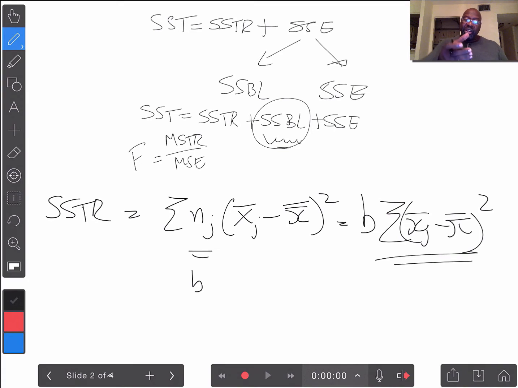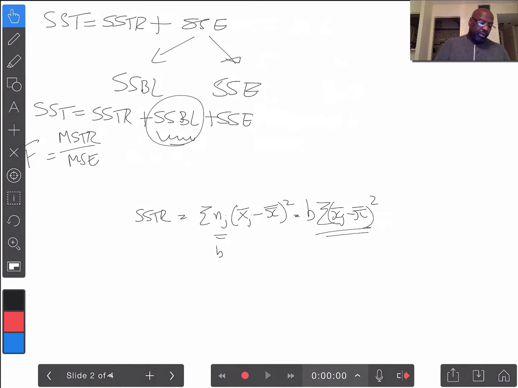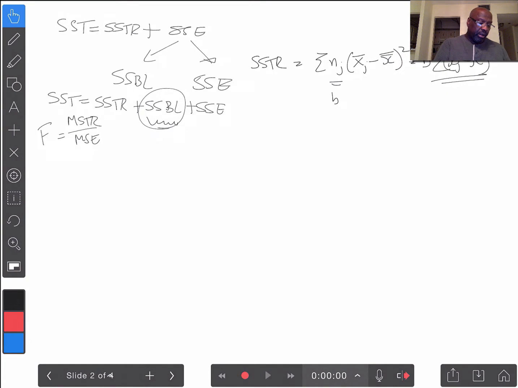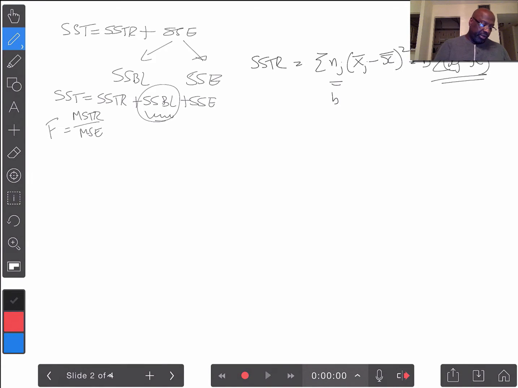Well, similarly, if we turn our heads 90 degrees counterclockwise, then we will be looking at the variation amongst the blocks. So the formula for the calculation of variation among the blocks is very similar, and it would look like this. If we want the variation around the block, SSBL, what it would have been if we allowed the sample sizes to vary, it would be the sum of NI.